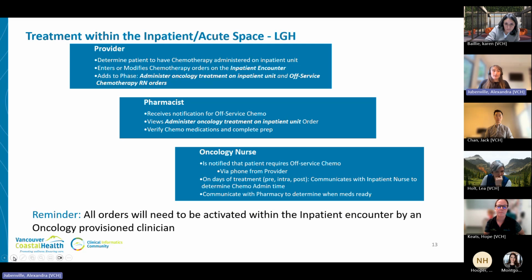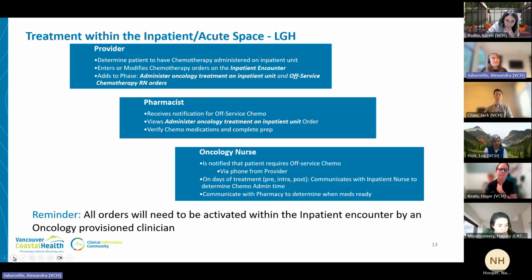On the day of treatment, the nurse will communicate with the inpatient nurse to determine the chemotherapy administration time, and they can also activate any medications required for that inpatient nurse to give. They will also communicate with pharmacy to determine when the medications are ready. All of this will occur on the inpatient encounter and by the oncology provision clinician.